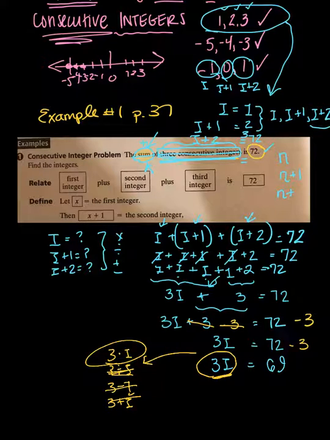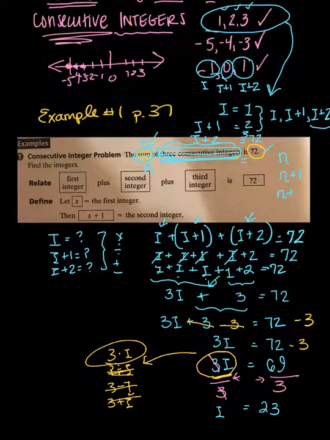So how do I undo multiplication? I've got to divide. 3I divided by 3. And what I do to this side of my equation, I've got to do to this side. My 3's end up canceling, and I'm left with 1I, or just I, equals 23.